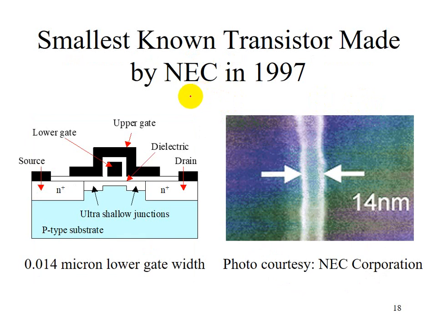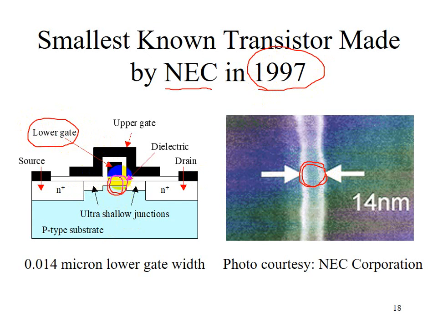Back to about year 2000. At that stage, the smallest transistor was made by NEC Incorporation in 1997, and the size was about 14 nanometer, which is the lower gate area here.